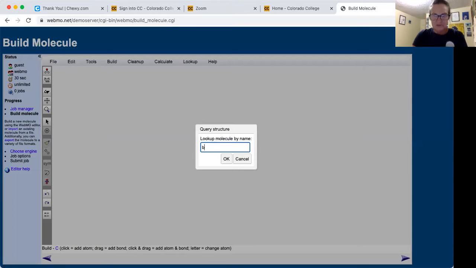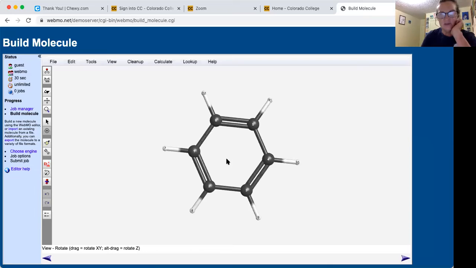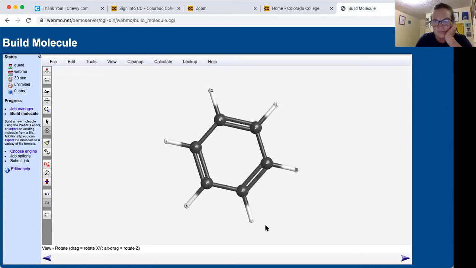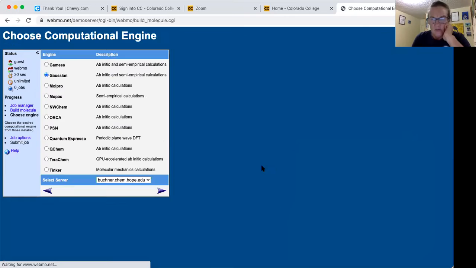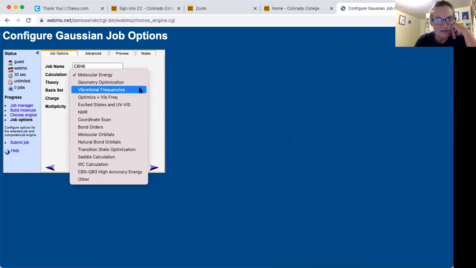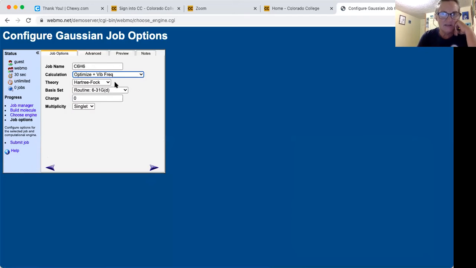It's much easier to import by name than try to draw a structure and get it even close. Okay, so hopefully it's not too big to do this all in one calculation. Optimize it and do the frequencies, but if it is, we'll have to go back and do it in 2 steps.